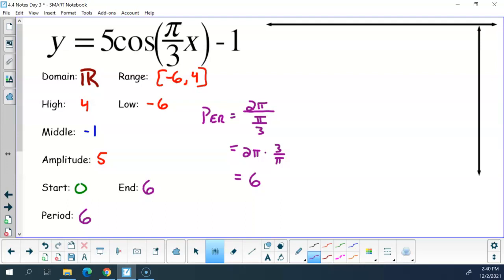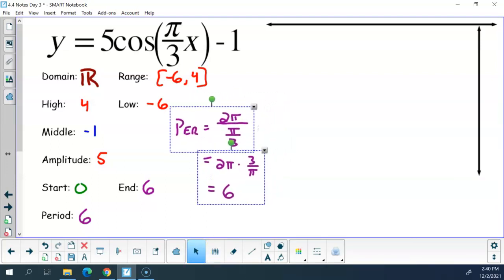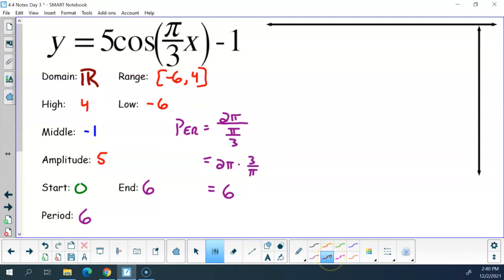Yes? Cosine starts up on high. Ends up on high.